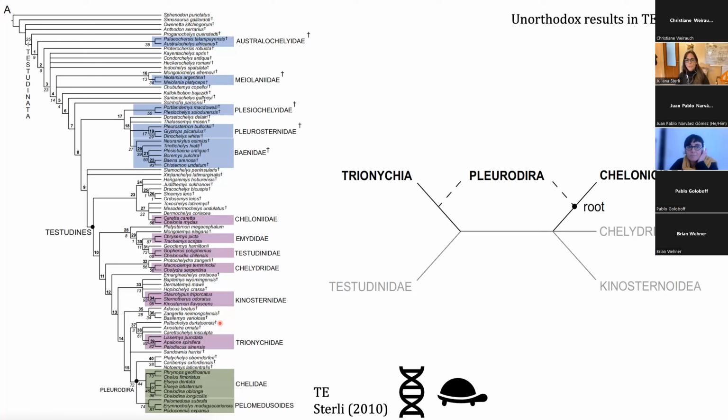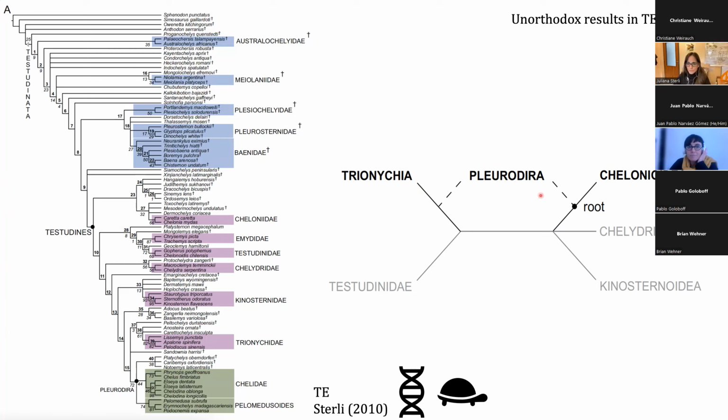So if we compare the unrooted tree of the main clades of Cryptodires, that are these five clades, we see that in general, the relationships between these clades in unrooted trees are similar in the molecular and in the morphological analysis.